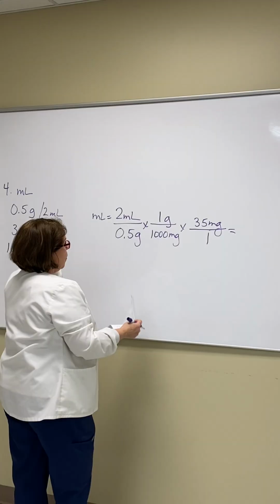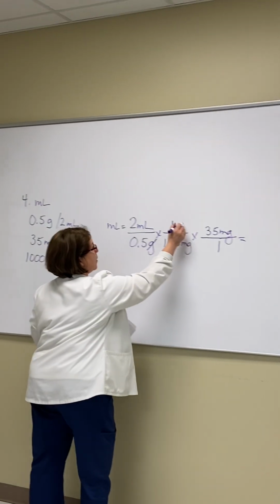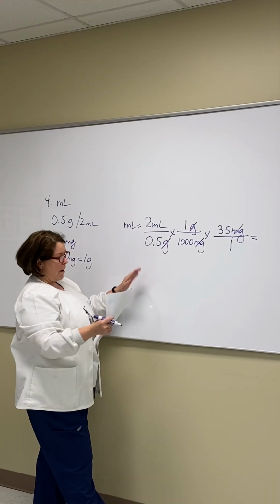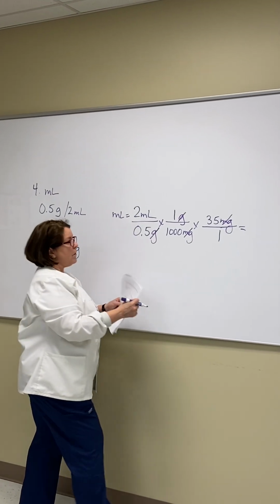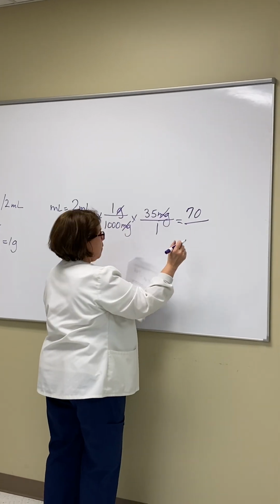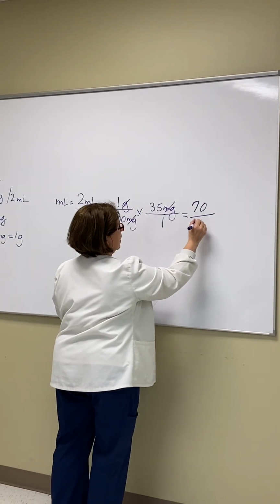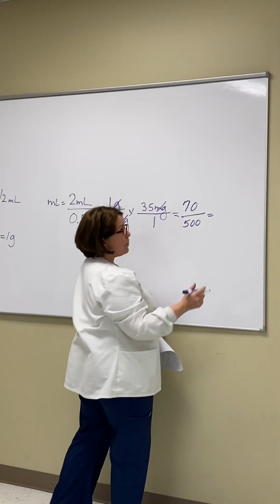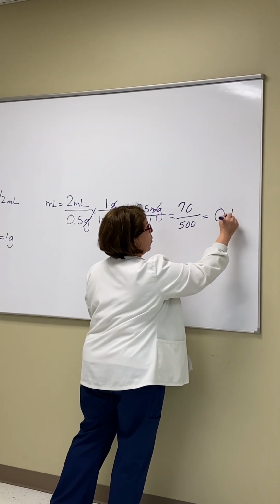All right, so now we want to cross out gram, gram, milligram, milligram. We've set the problem up properly. So now we've got, I think it comes out to 70 over 500, and that comes to a roundable answer, 0.14.